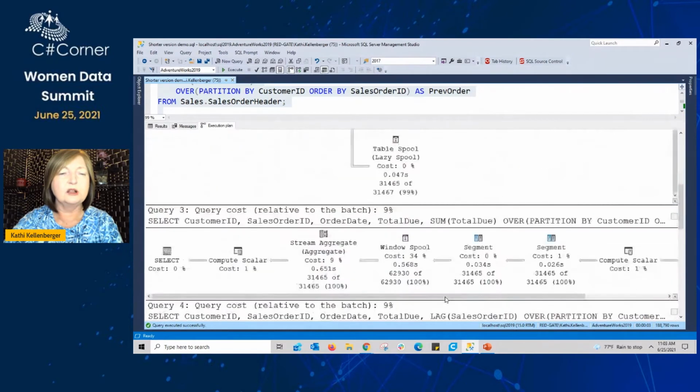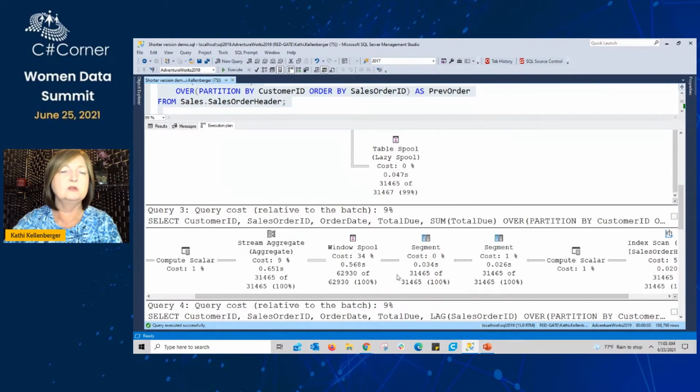In the execution plan, where we see a window spool, if it uses range, which is the default, that means that the work table is created on disk. If we use rows, that means that the work table is created in memory. If it's created in memory, we're going to get a big boost in performance.